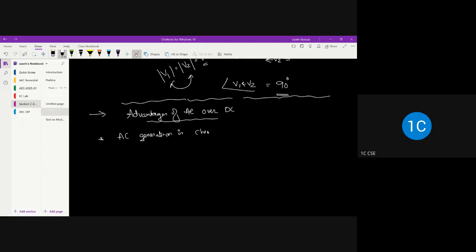That is, the cost for producing AC is less compared to DC. The second advantage of AC over DC is that AC's amplitude, or AC voltage level, to that matter even voltage or current level, can be easily altered.